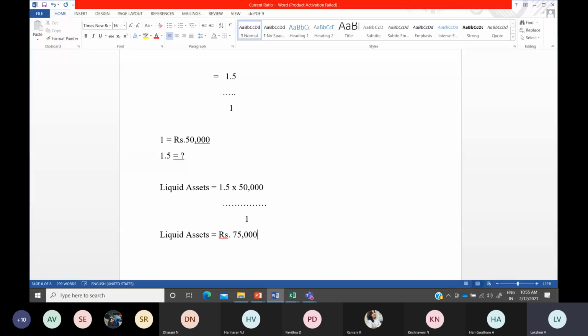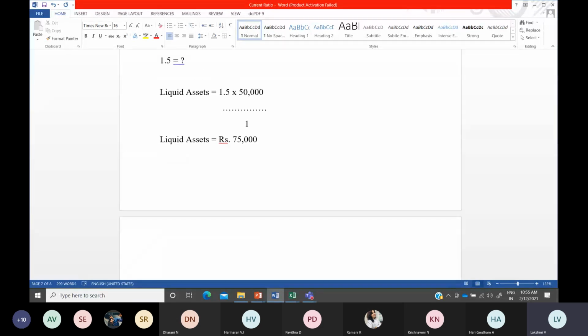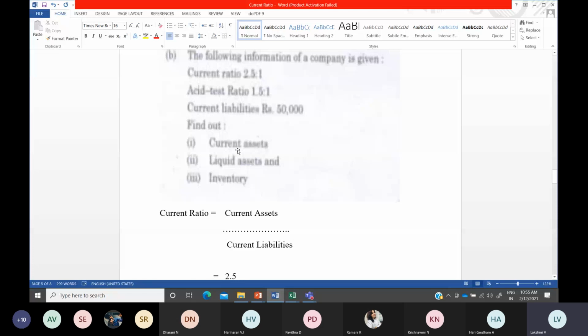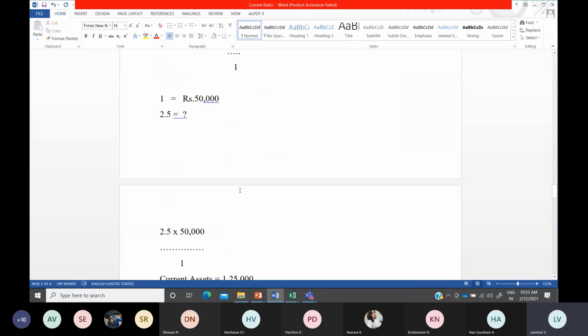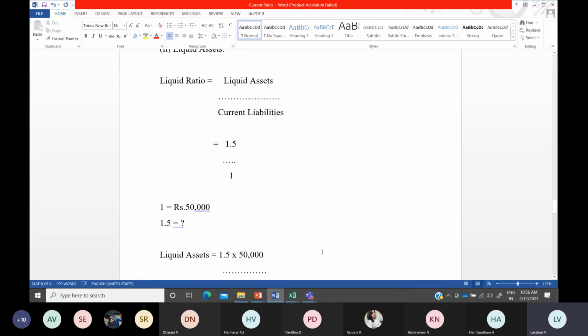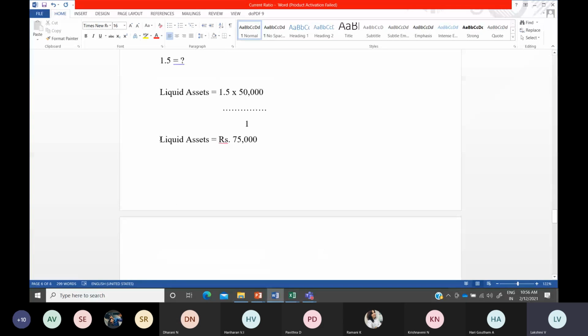That rupees and all you have to mention correctly. Okay, now subdivision 2 has got over. Liquid assets has got over. So current assets, we found out the amount, that is 1,25,000. And your liquid assets also we found out, that is 75,000 rupees.